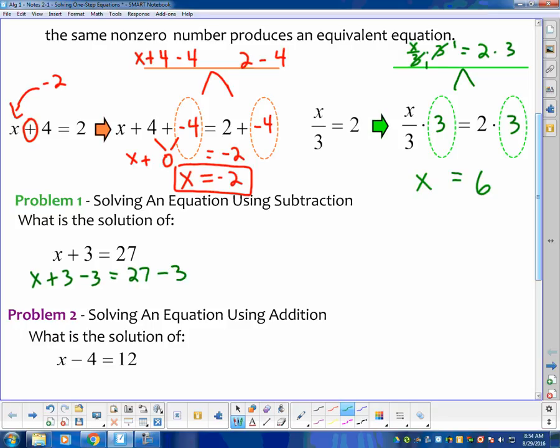The inverse operation of the addition here is subtraction of 3. And whatever I do to one side, I'm doing to the other. And so here I have just x left over, and 27 minus 3 is 24. And a quick mental check says 24 plus 3 equals 27. I'll box my answer.